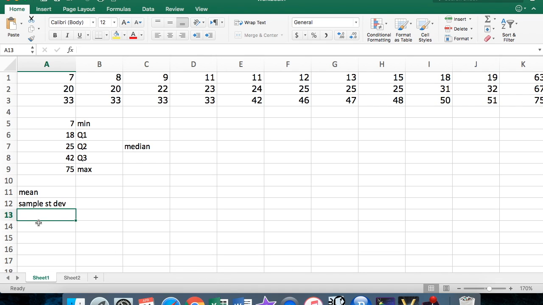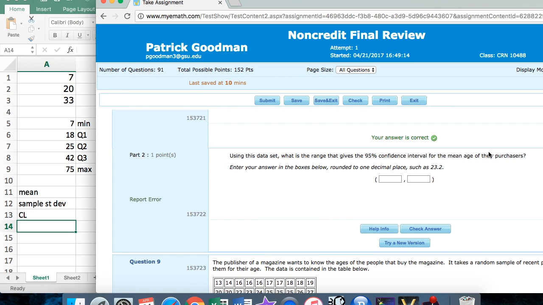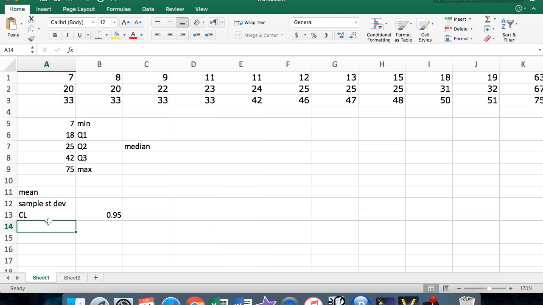We also need that special z-score, because the confidence level they say is 95%, so 0.95. Either you have that z-score memorized, or we'll have to find it, because it doesn't give it to you. Then we find our margin of error, m, right?